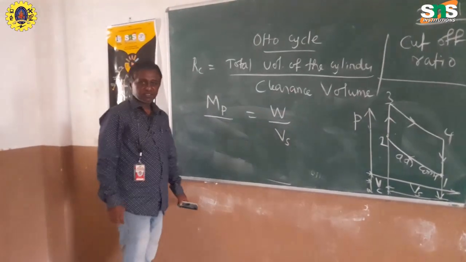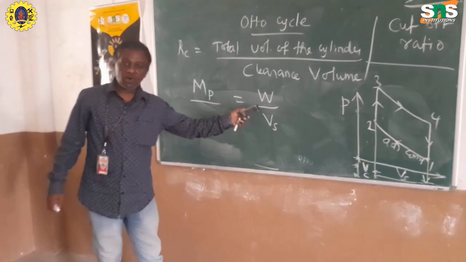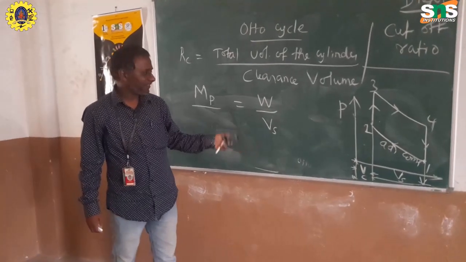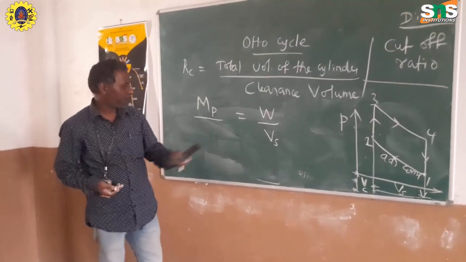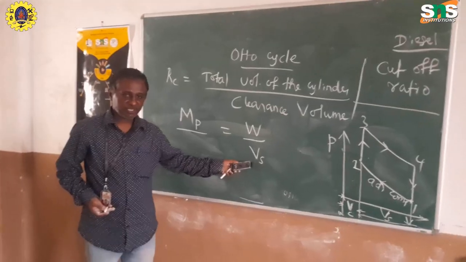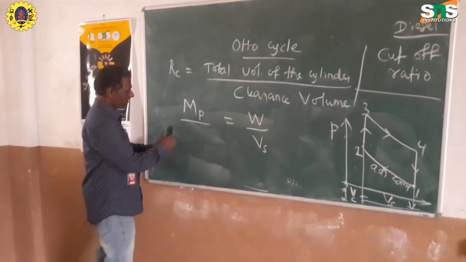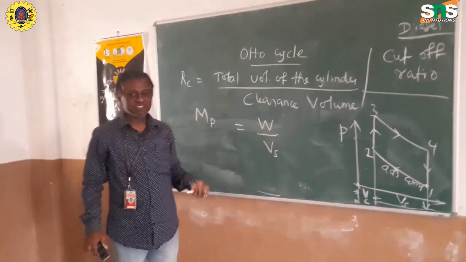It is common to all cycles. Based on that, we can derive a relation. You know how to derive work done as well as stroke volume. This is a common parameter, mean effective pressure, which is very important to discuss in all cycles.